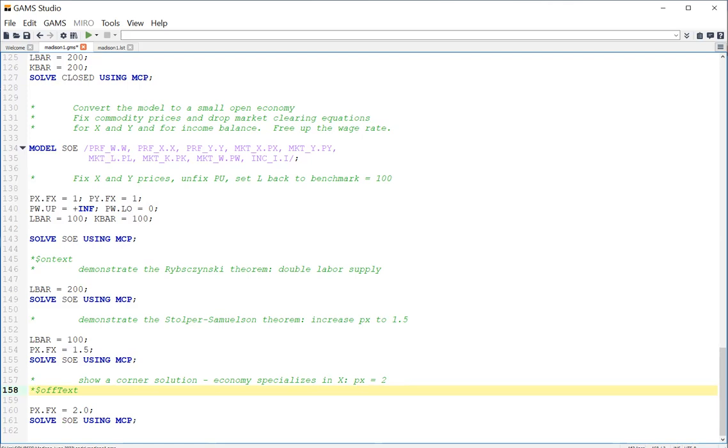What does the Rybczynski theorem say? It's actually a sort of partial equilibrium result. It says holding commodity prices constant, if you increase the supply of one factor only, you get a more than proportional increase in the output of that good, and an absolute decrease in the output of the other good.